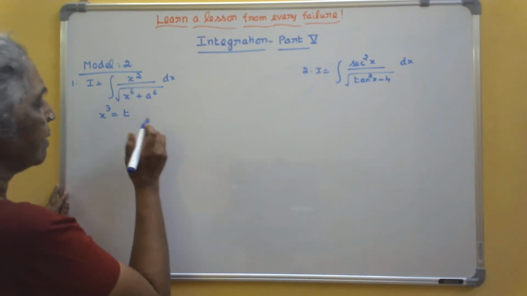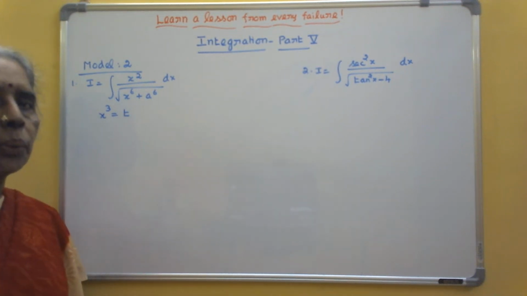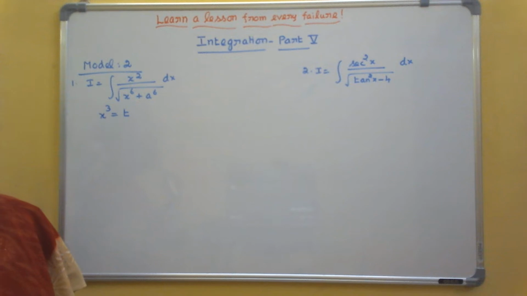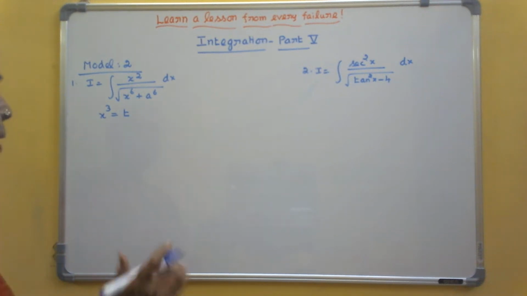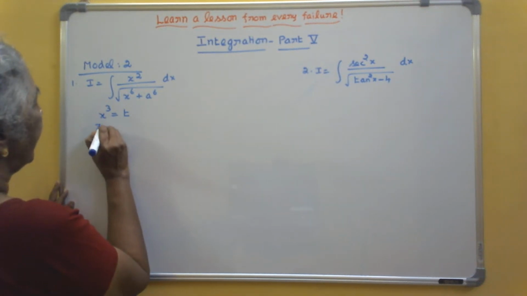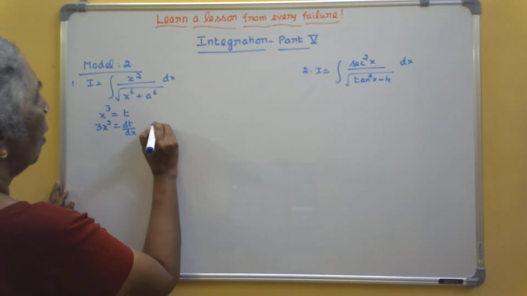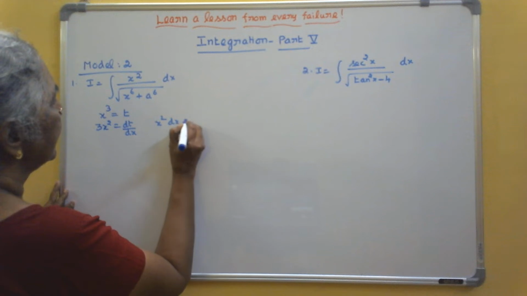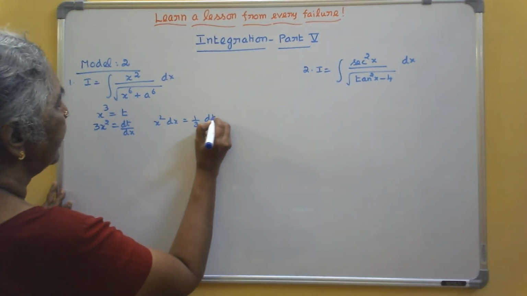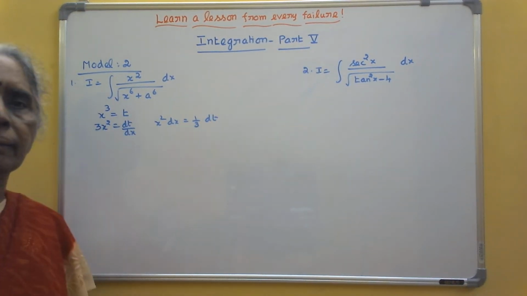Now, when x cube is t, whenever you substitute, you should remember the next step is differentiation. Never forget it. So, here if I differentiate, I will get 3x squared is equal to dt by dx, or x squared dx will be 1 by 3 dt, right? Bring the dx here, bring the 3 here.